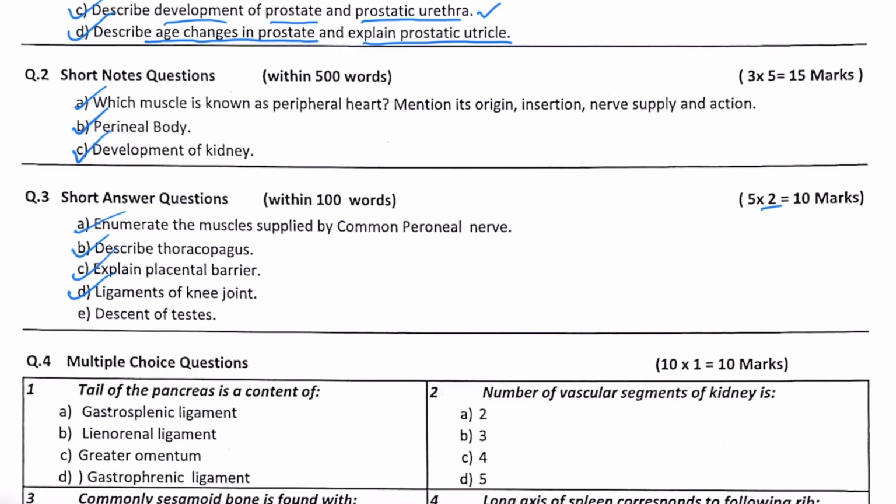And let me tell you that PCL is a remnant of the lateral collateral ligament of the medial tibiofemoral joint, and ACL is a remnant of the medial collateral ligament of the lateral tibiofemoral joint, because you know that the knee joint is a bicondylar joint. I'm telling you all the important points of these ligaments so that this might help you in your future MCQs.